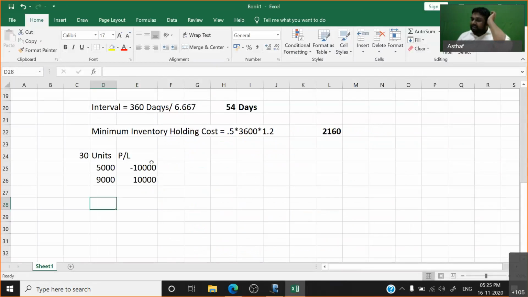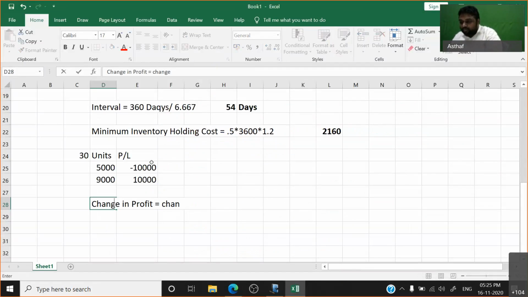So what we have to do? Very simple. There is one concept which we discussed in our group 2 cost accounting and FM class: change in profit will be equal to change in contribution. Our fixed cost remains the same. So change in contribution will be 20,000.